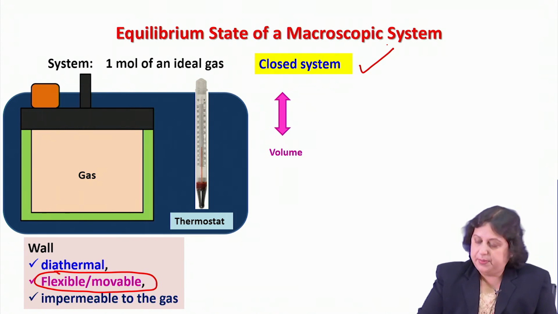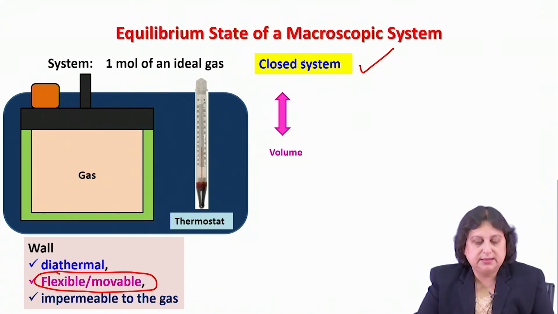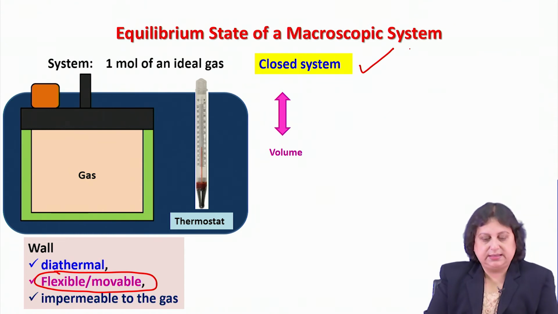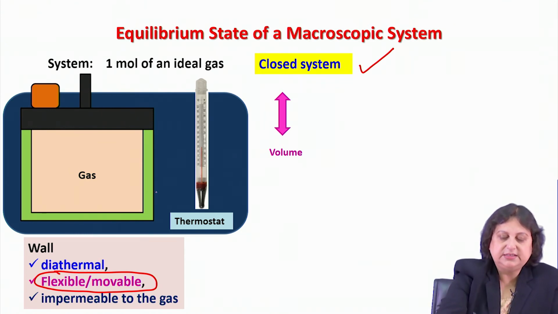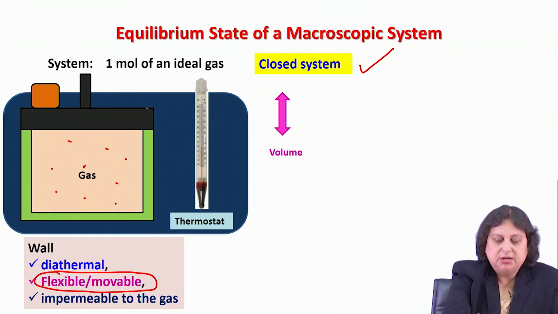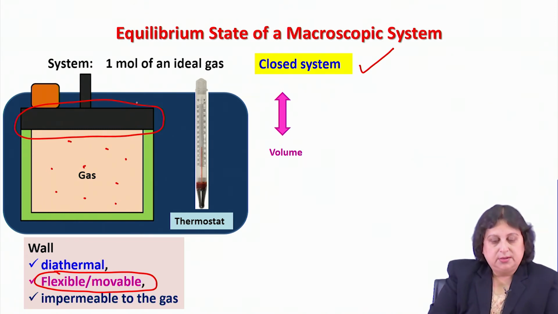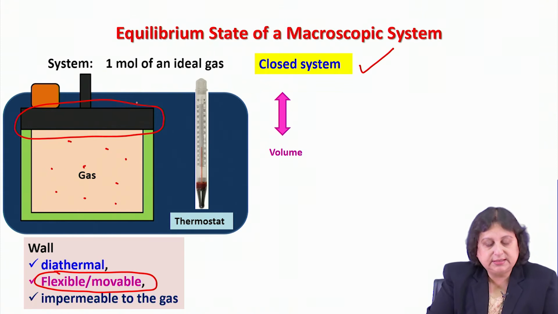Now, how do I prepare a system like this? Unlike the previous case where I have this stainless steel jar within which my gas molecules are present, I would attach here on one side a movable piston, which is in an ideal case frictionless and massless.